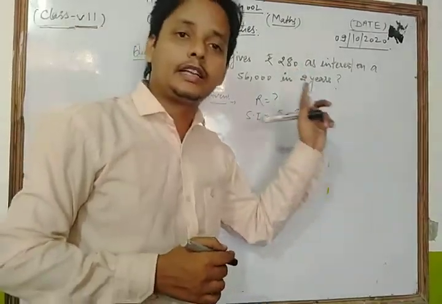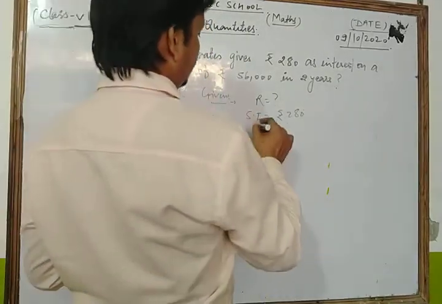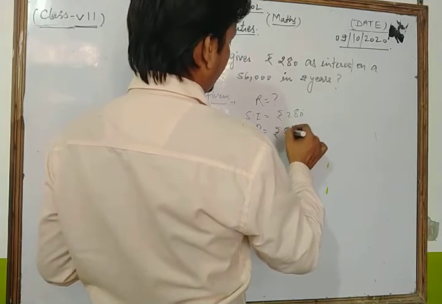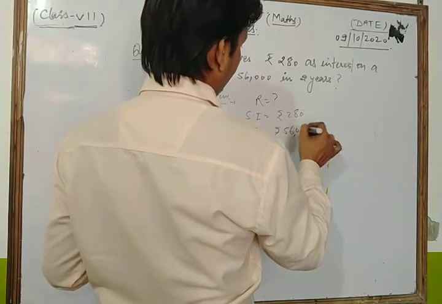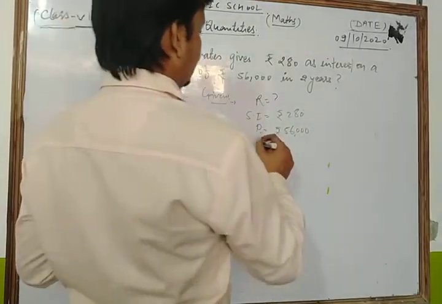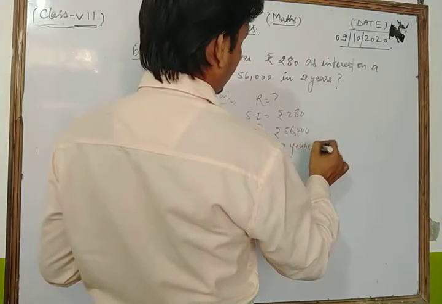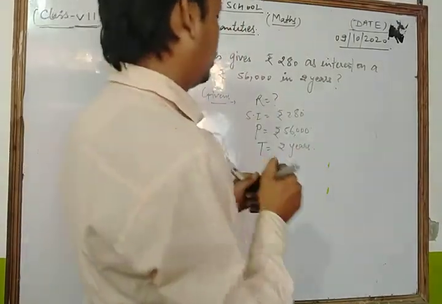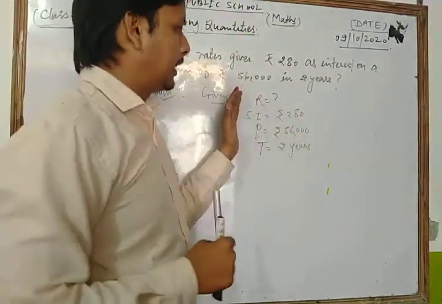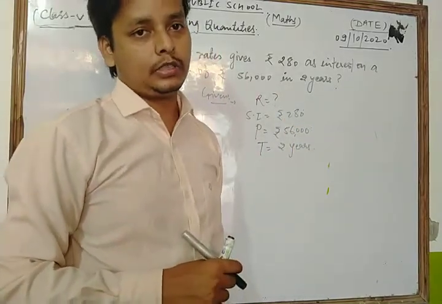Rupees 280 is the simple interest of that question. On a sum of rupees, the principal amount according to this question is 56,000 rupees, and the time is 2 years. Now let's see, dear students, here we apply some basic important concepts related to that question.